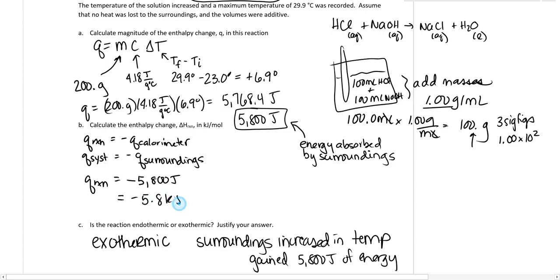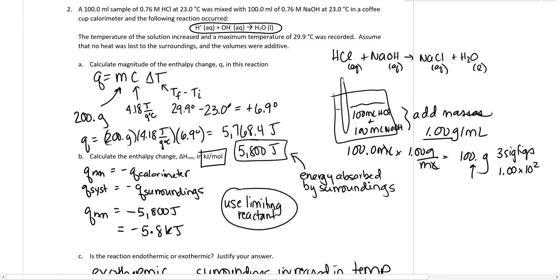I'm going to convert that into kilojoules by dividing it by 1,000. And now I want to put it into kilojoules per mole. Whenever we divide by moles, the rule of thumb is to use the limiting reactant as your source of how many moles got used up. If we look up in this scenario, we have two solutions.